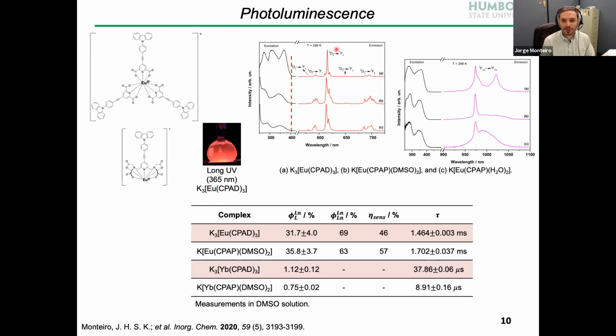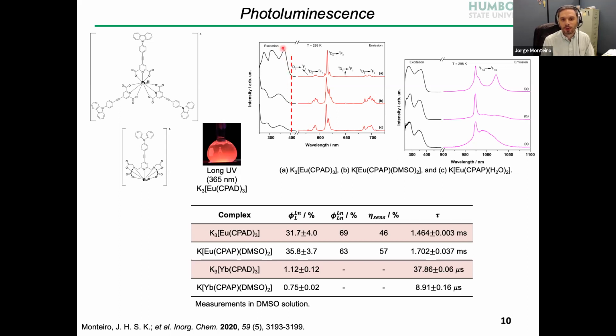Photoluminescence. So here on the right side, we have the emission spectra for the europium complexes. So again, here, you may change the ligand, but the energy of the transition barely changes. And the excitation or absorption spectrum. So now we have a very broad band, and here we have the line of the laser.